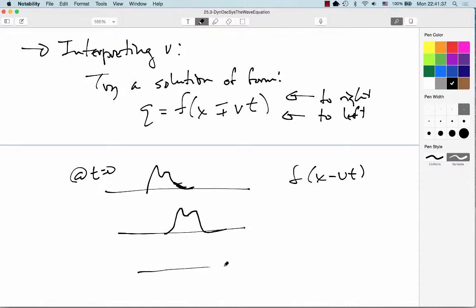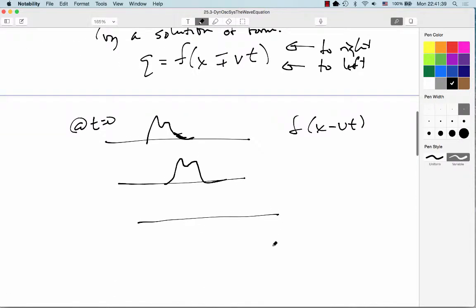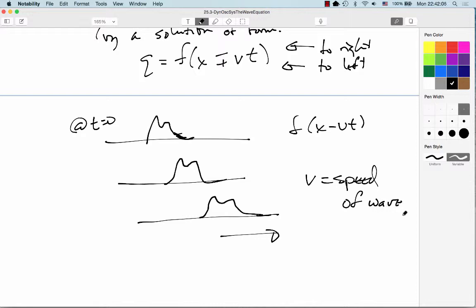And then if I do it again at some later time, it will be, say, over here. So if we got the minus sign, we interpret that as it propagating to the right, and our x is increasing by vt in time t. So yes, we can interpret v as the speed of the wave. All right.